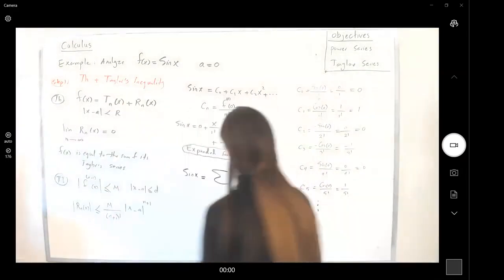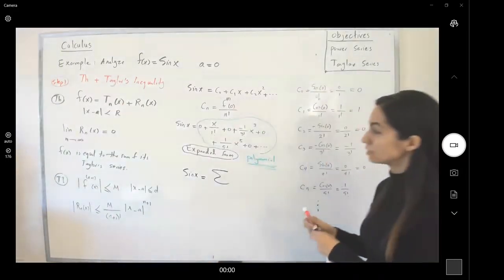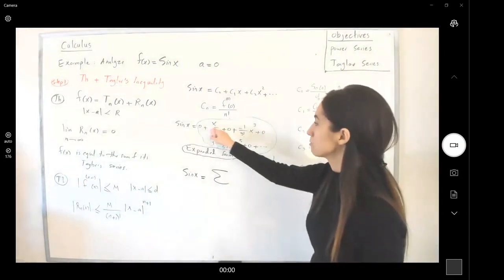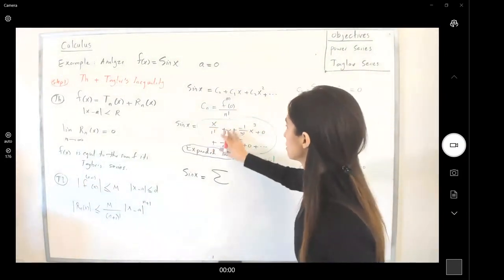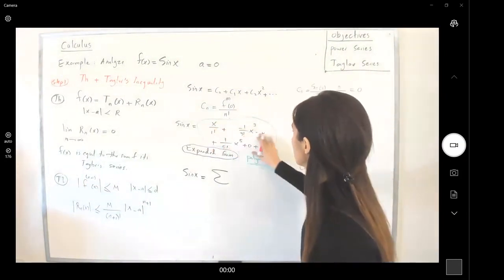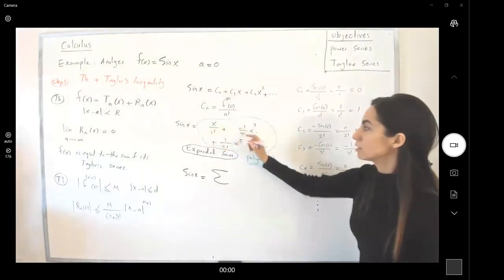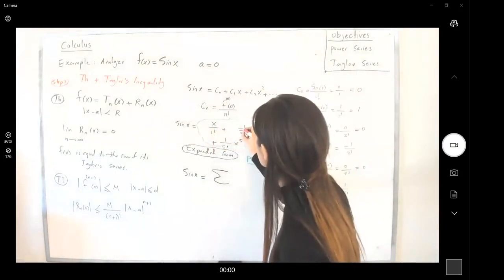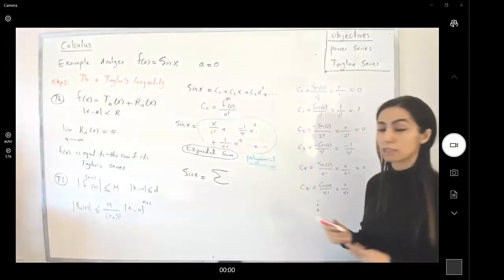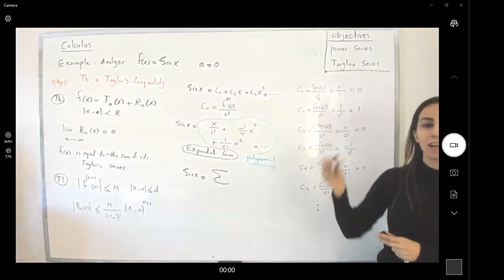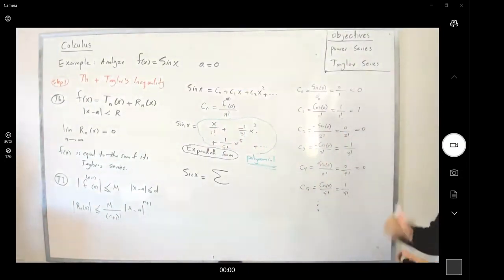Note that here you have the signs plus and minus. You have plus, you have minus, you have plus, the next term is negative 1 over 7 factorial x to the 7, and so on.